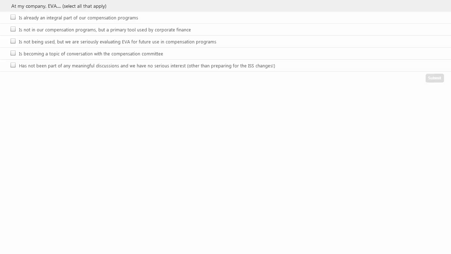The third is not being used, but is under evaluation, looking at potential compensation programs in the future. It's a topic of conversation amongst the finance committee. And the last one, down the bottom, has not been part of any meaningful discussions other than preparing for ISS changes. So take a few moments, reflect upon which ones are representative of your organization, check the boxes, and press submit. We'll look at the results in just a moment.